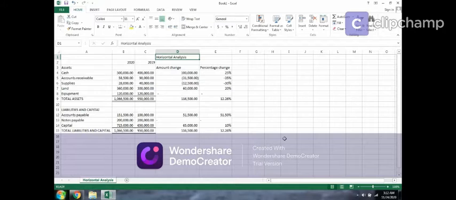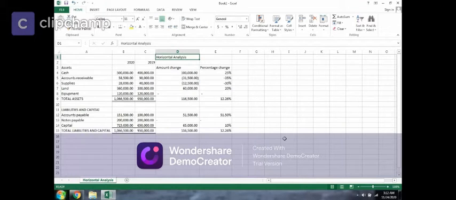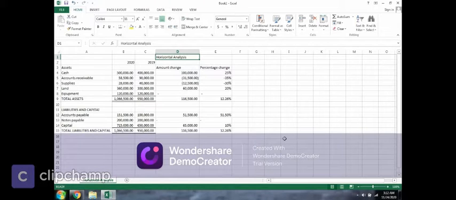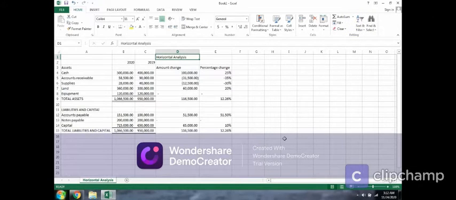So now, let's go to accounts receivable. In 2019, the amount is 90,000 and in 2020, the amount is 58,500. So there is a decrease of the amount, so the presentation will be negative. When we compute the percentage change, which is negative 31,500 divided by 90,000, our percentage change would be 35%.